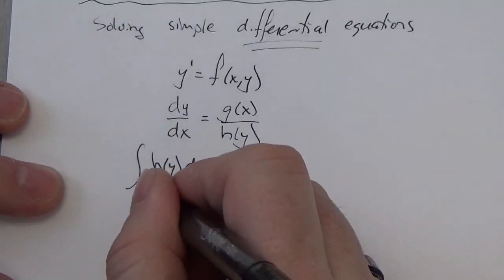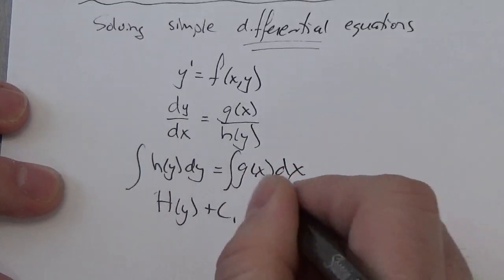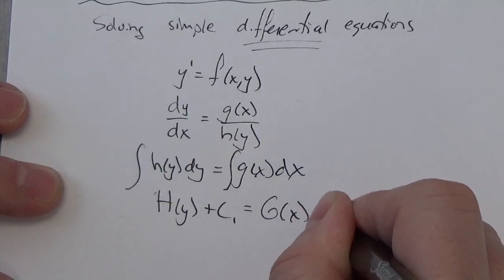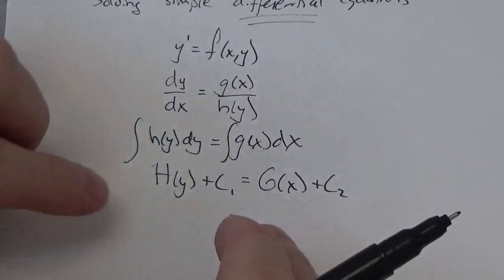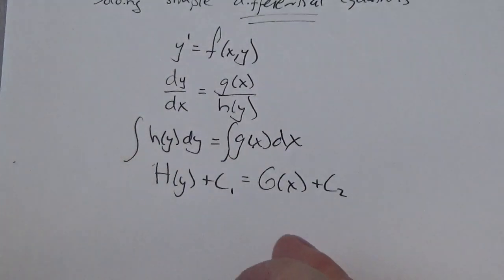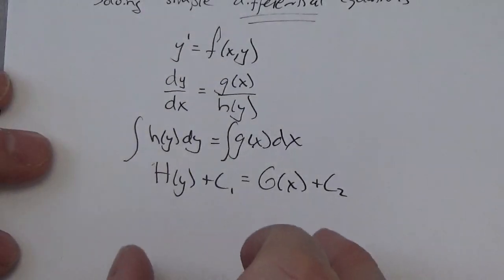What I'll get is H of y plus some arbitrary constant equals G of x plus another arbitrary constant. And then from here, we solve for y as much as we can, combining the arbitrary constants or any constant values that popped up, to get the final equation.